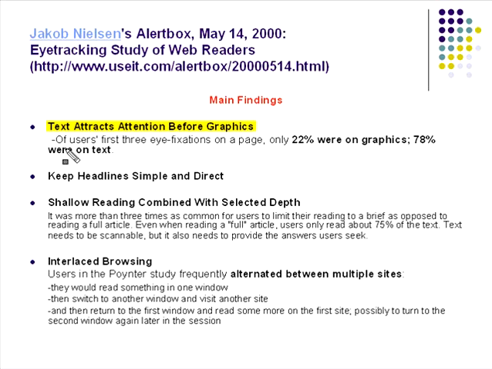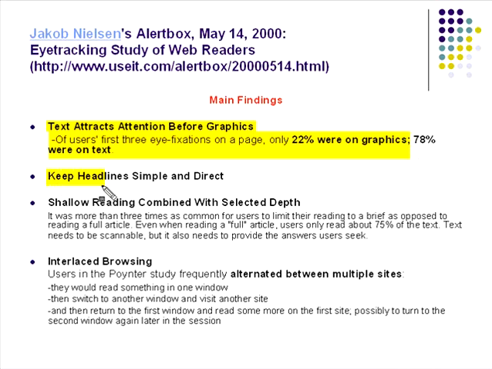In fact, of the user's first 3 eye fixations on a page, only 22% were on graphics and 78% were on text. So it is so important to spend your time on the written word, the text on your website, rather than on the graphics. Although graphics help, 22% is not bad, but 78% is the words that actually do the selling.